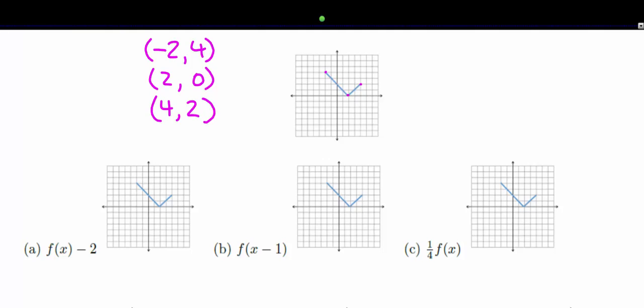And I'm looking down here and it says, okay, f of x minus 2. If it's on the outside, if it's not inside the parentheses with the x, you do exactly what it says to the y. So for example, if you consider these points, this would be negative 2 and 2. I'm subtracting 2 from everything.